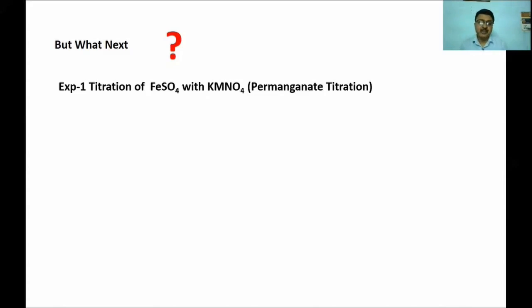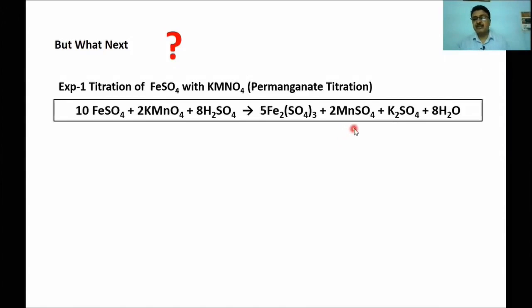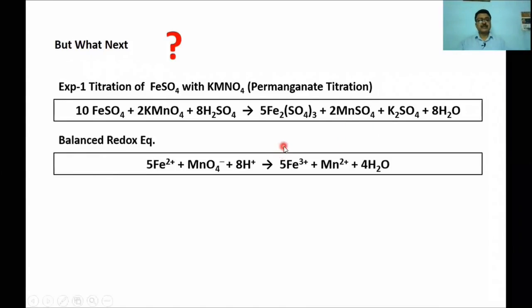This titration is being carried out in acidic medium, and this is a very common experiment in the laboratory. So this is the balanced equation. Ferrous sulfate is reacted with potassium permanganate in acidic medium to give ferric sulfate, manganese sulfate, potassium sulfate, and water. And this is our balanced redox equation.